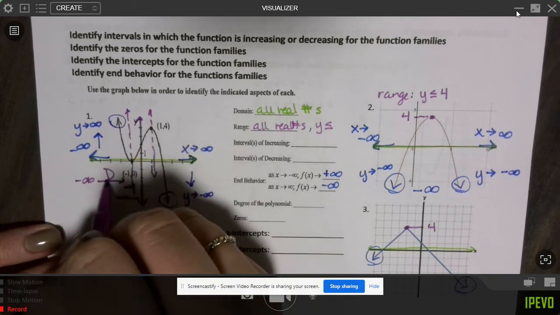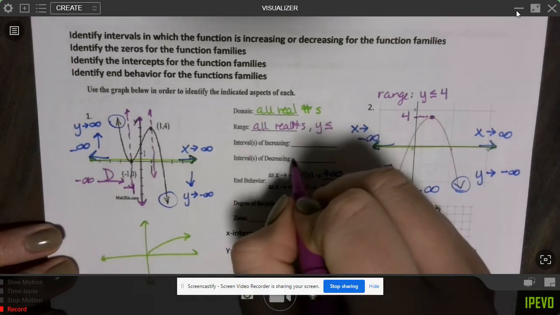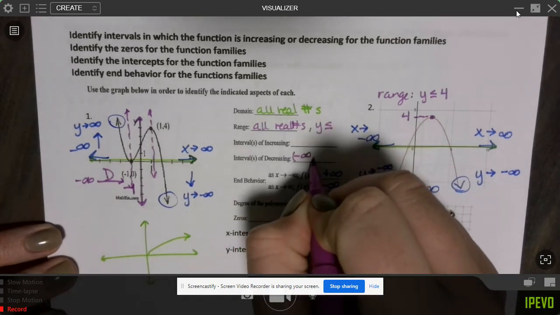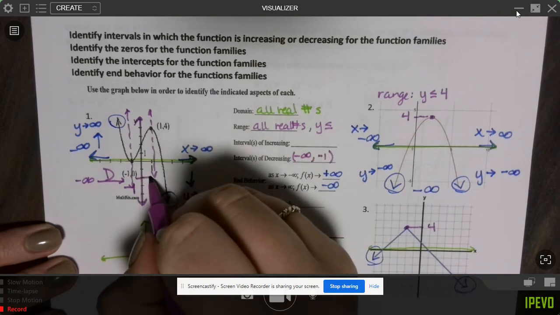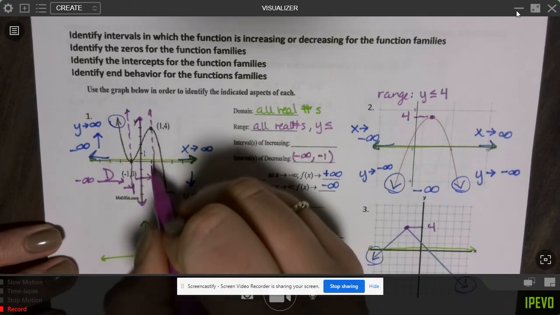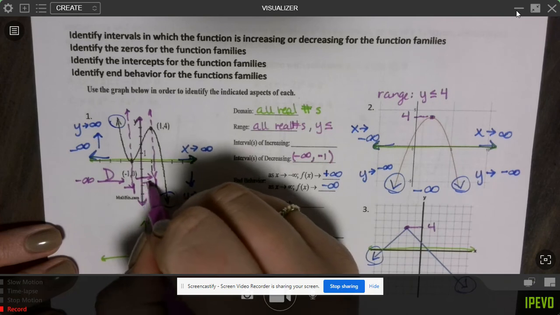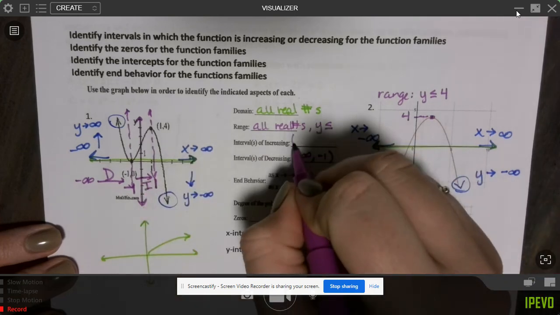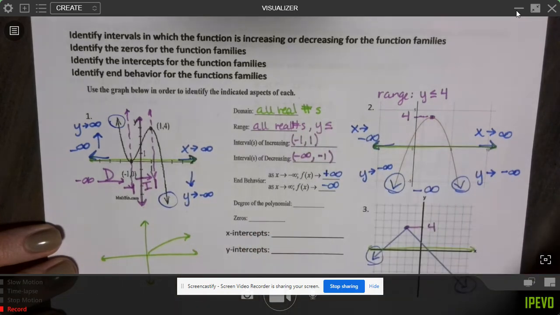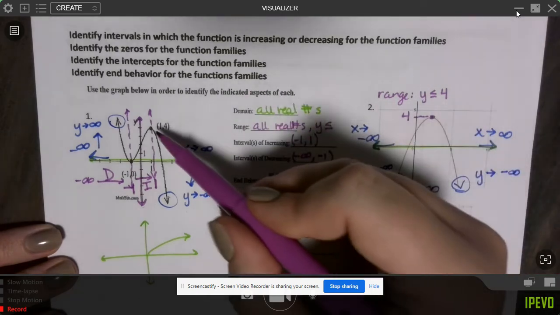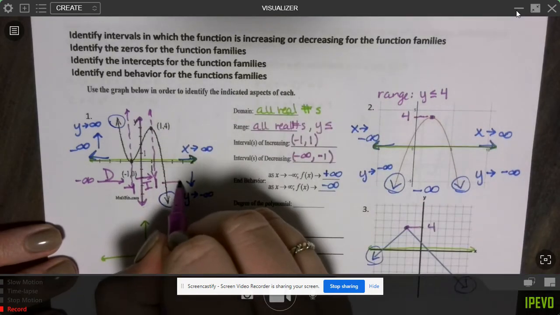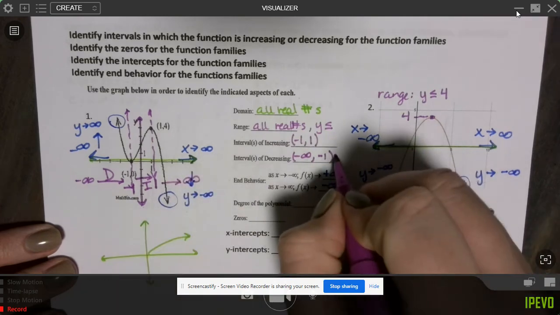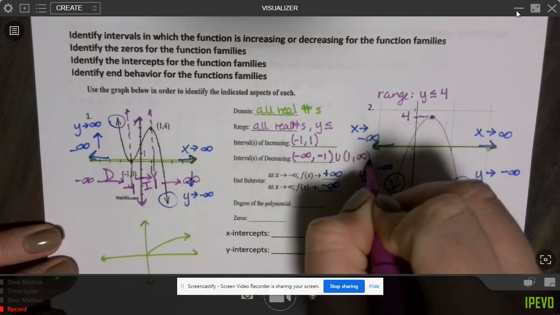Now we start to increase, and we're going to increase until we hit positive 1. So from negative 1 to positive 1, we are increasing. Then we change again and we start decreasing again. So from 1 to positive infinity, we're going to be decreasing again.